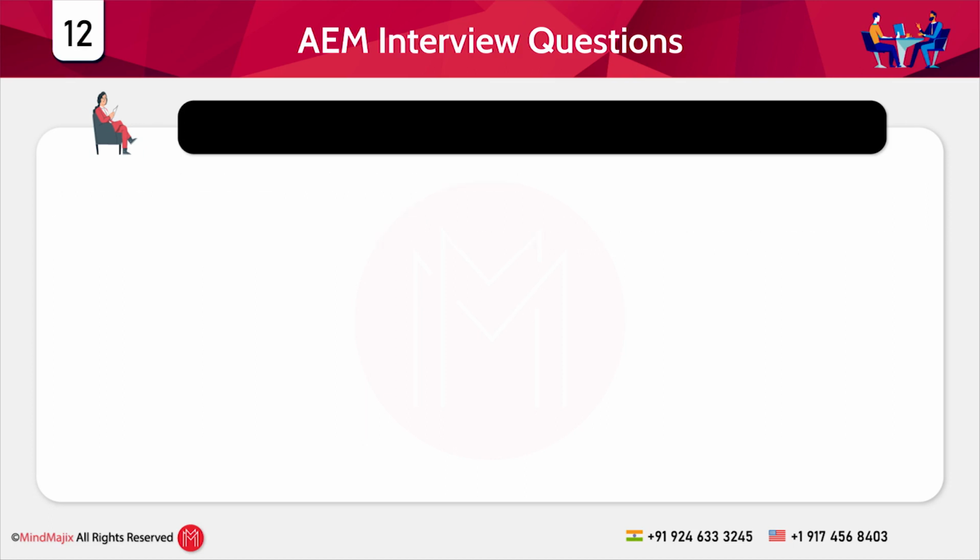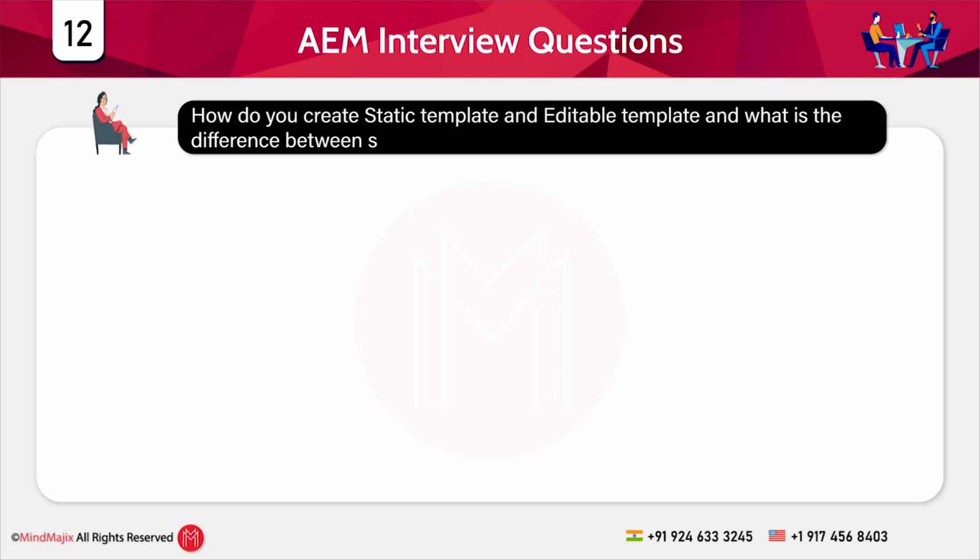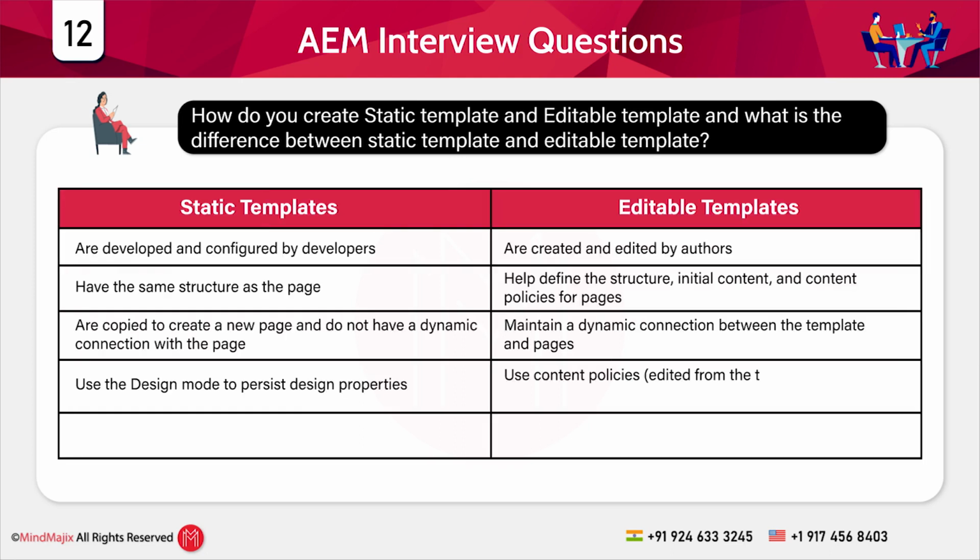And then how do you create the static template? How do you create the editable template? And what is the difference between the static template and the editable template? So static templates are created for some purpose. How do you create the static template?